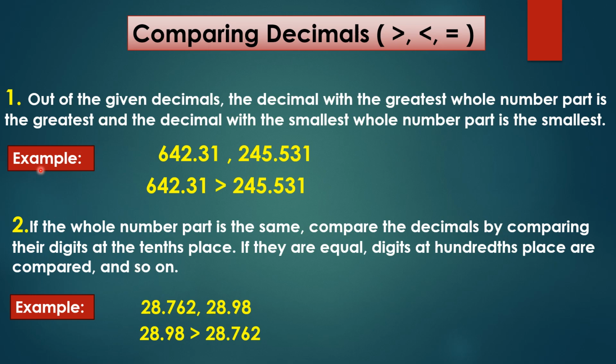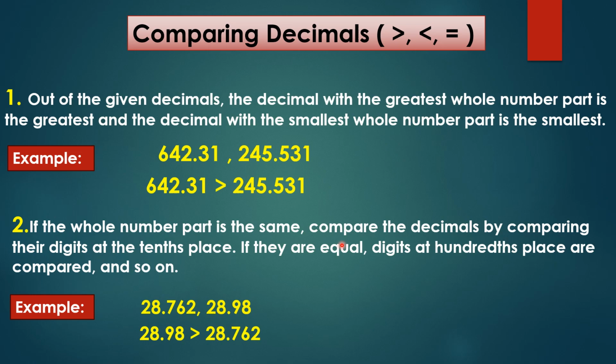For example, these are decimal numbers 642.31 and 245.531. 642.31 is greater than 245.531 because the whole number 642 is greater than 245. That's why 642.31 is greater than 245.531.